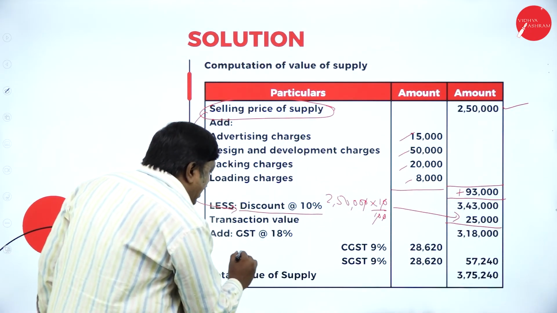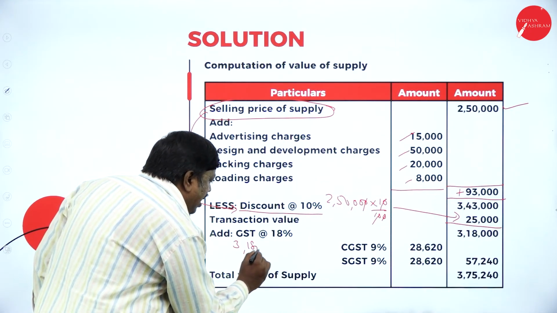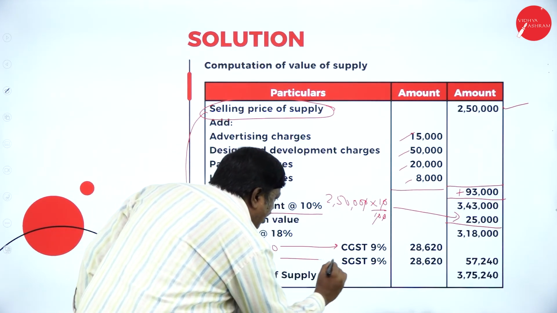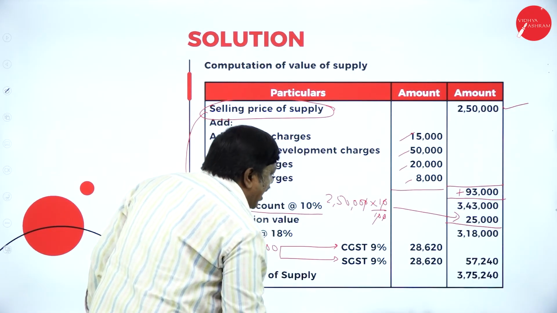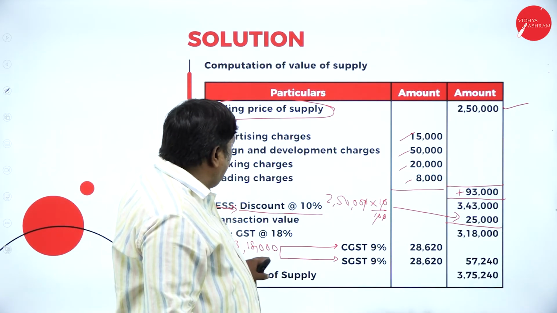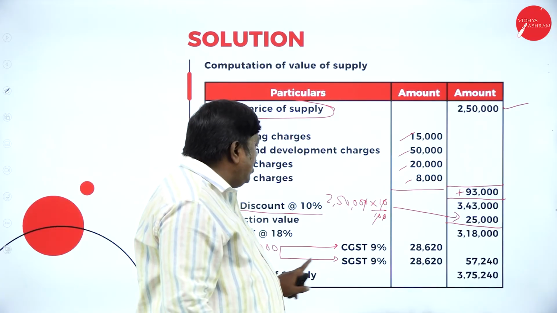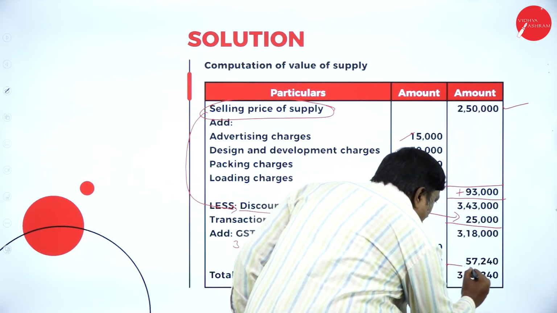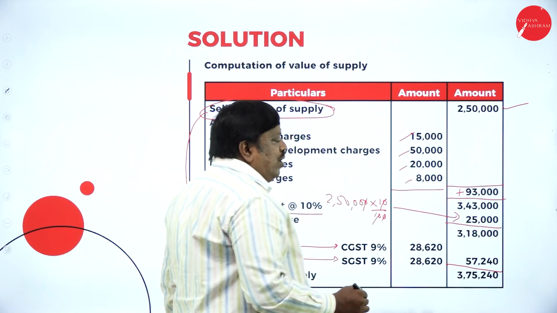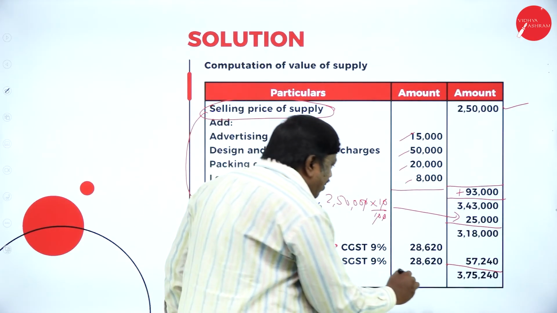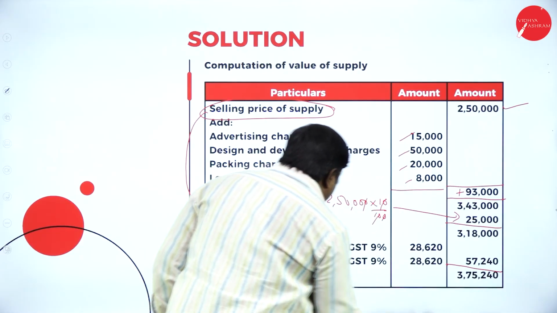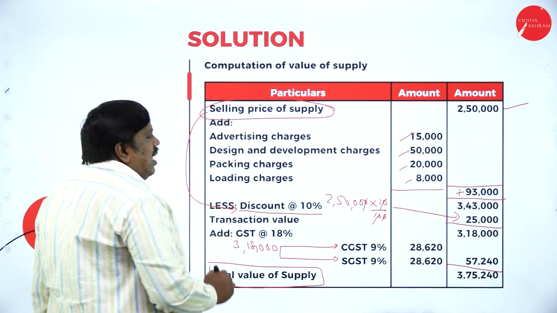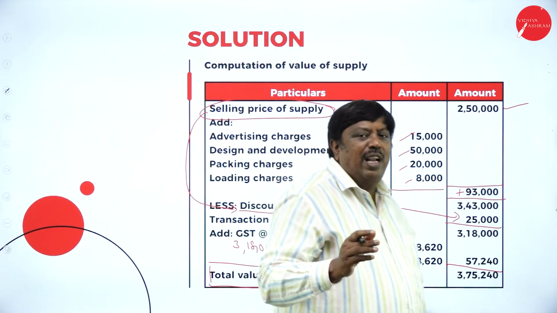On 3,18,000, I have to charge CGST and SGST. 3,18,000 into 9%, that is CGST, and 3,18,000 into 9%, that is SGST. Both together are 57,240. Adding both, 3,75,240 will be the total value of supply. This is how we ascertain the value of supply.